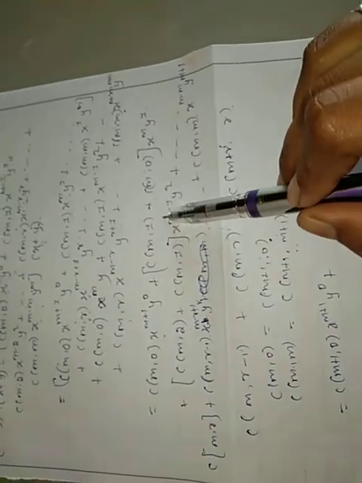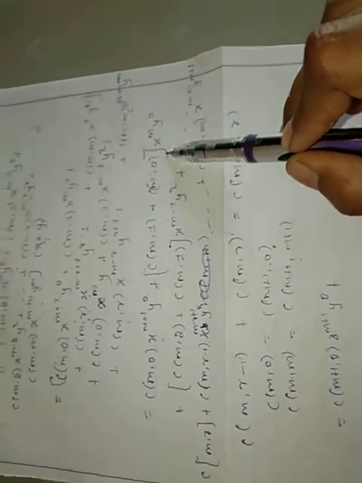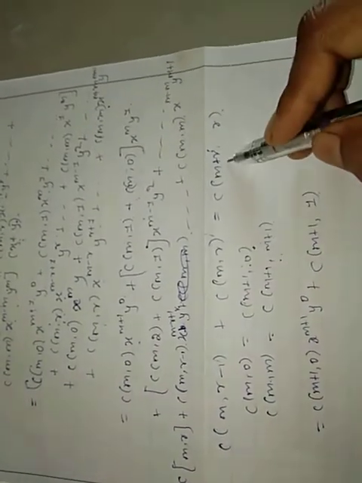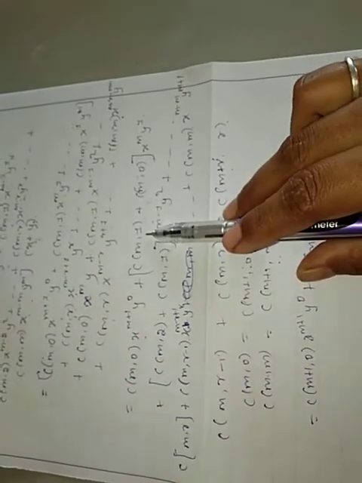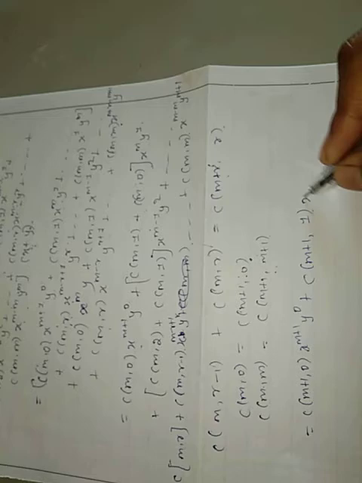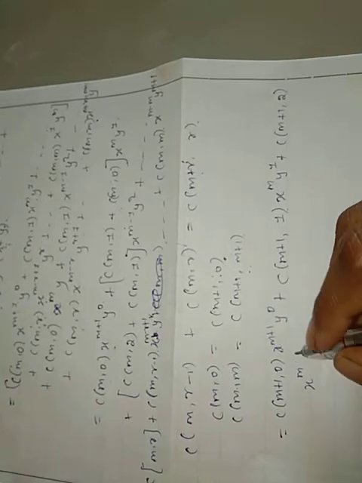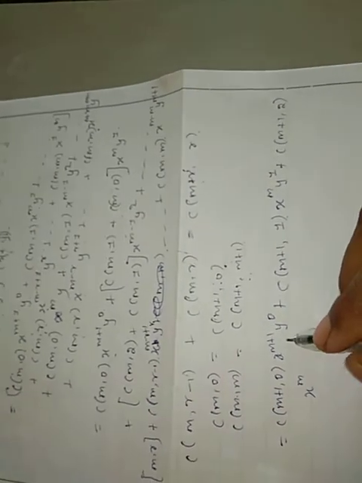plus C(m,1) plus C(m,0) can be written as C(m+1,1) by using this property. Here r equals 1, that is x^m into y^1, plus C(m+1,2) into x^(m+1-2).